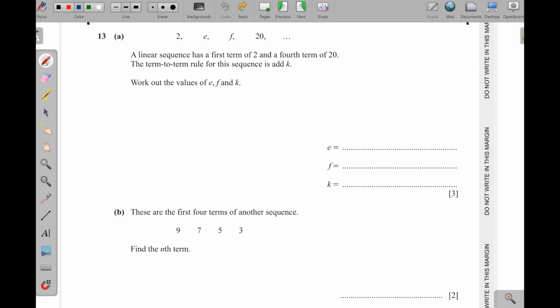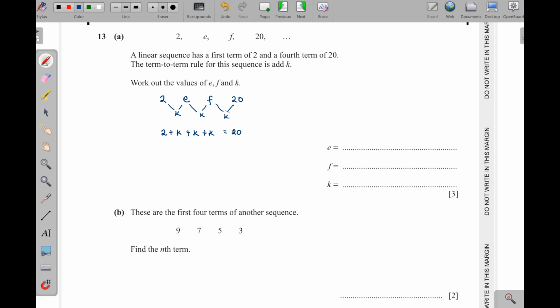Okay, so we have 2, E, F, 20. So we are adding K every now and then. So meaning I'm going to have 2 plus K plus K plus K. It will give us 20.